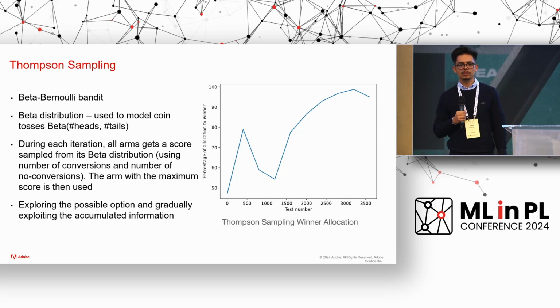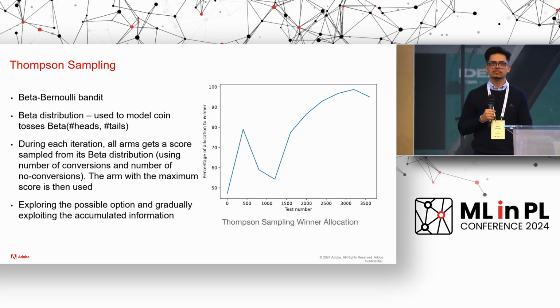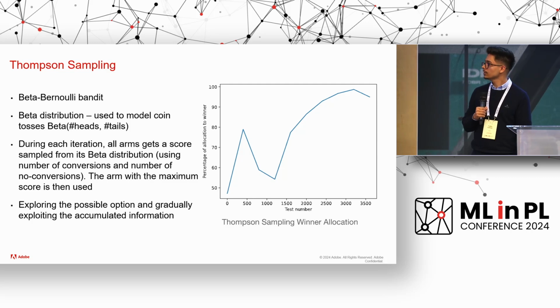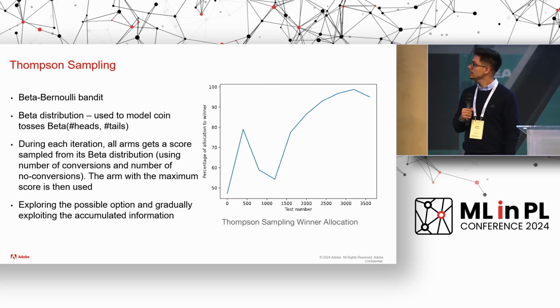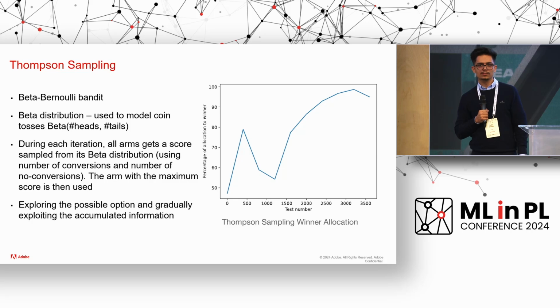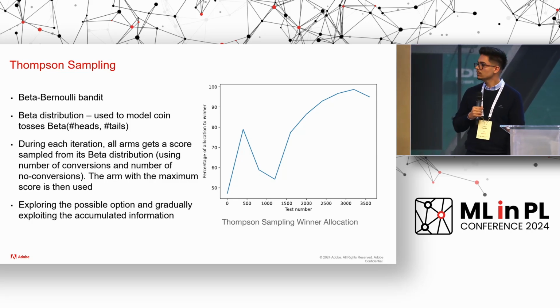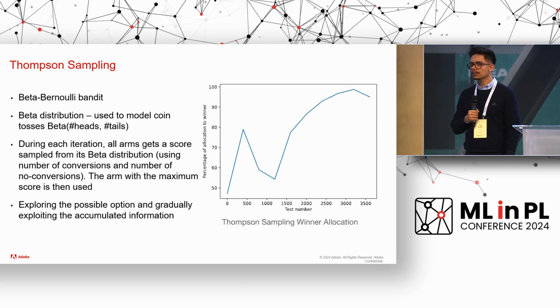We further implemented this in one of our products in a different use case, and an issue that we discovered with Thompson sampling is that once the model accumulates a lot of information, it can prove very hard to adapt to changes in the environment.